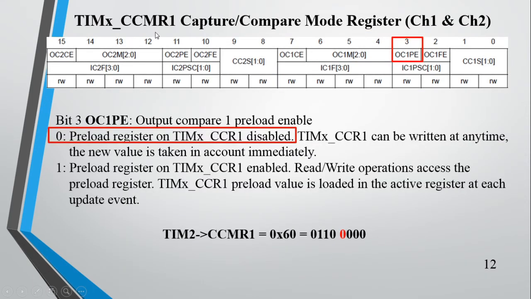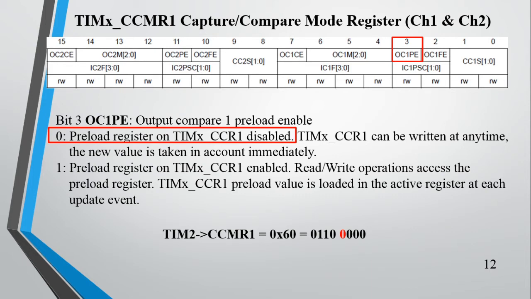Then in the same CCMR1 register, we are configuring bit number 3. It is used for configuring output compare 1 preload enable. Preload enable means we are going to enable a preload register. We can enable or disable a preload register. A preload register is something like a shadow register.